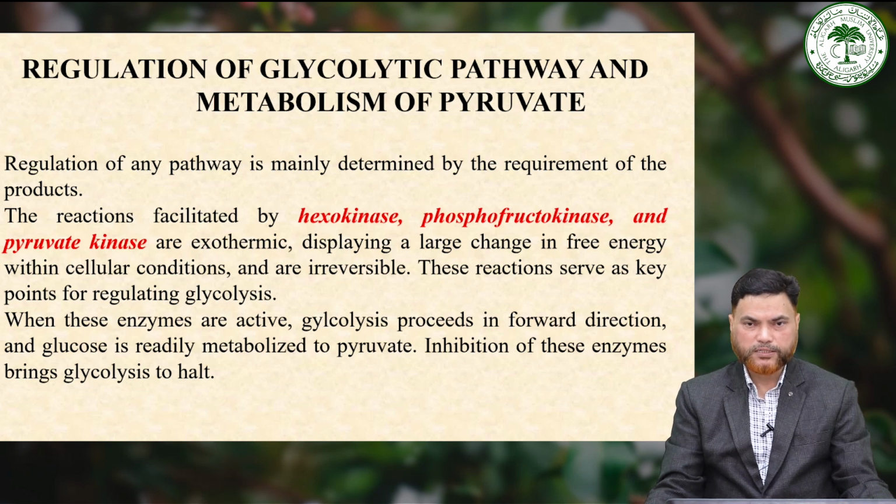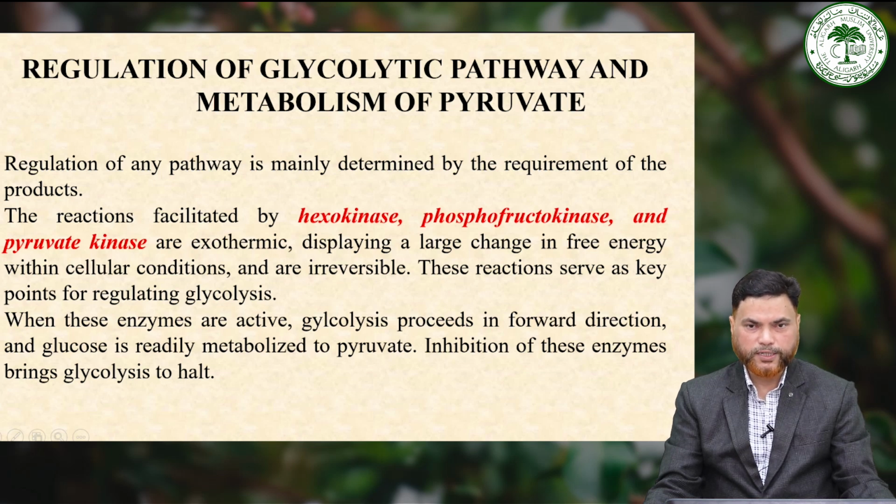In my previous lecture, we went through in detail the process of glycolysis, the glycolytic pathway, and we discussed each step in detail. Now, we had talked about the switches that occur in the glycolytic pathway.